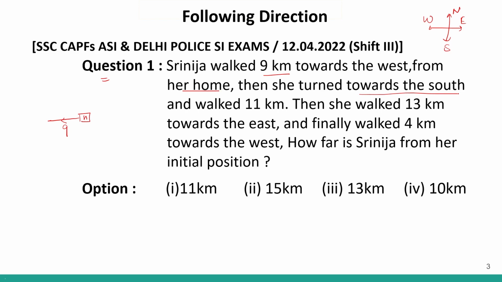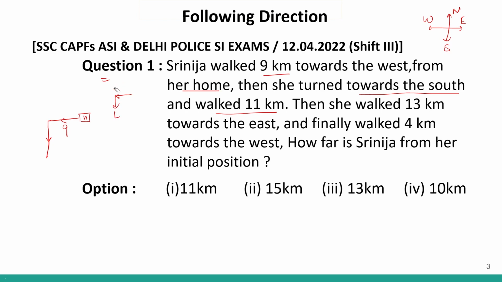Then she turned towards the south and walked 11 kilometers. So south would be this direction. Whenever a person is turning towards left and right, then we look from the perspective of the person. So over here, if we are facing west, the left will be this direction and this will be right.